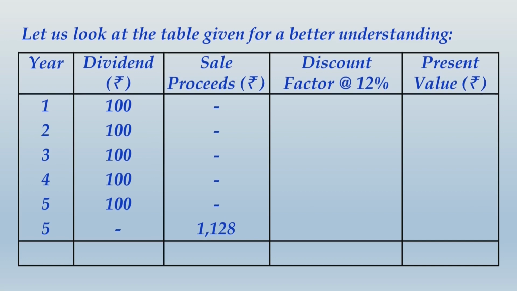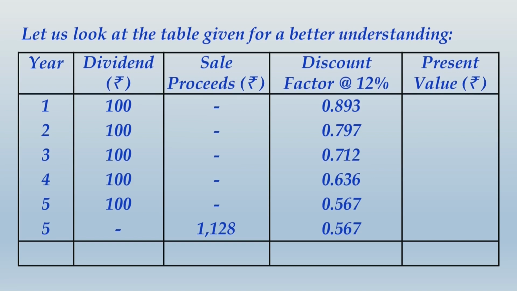So the common sense that I have suggested you to consider for the discount factor, the PV factor should be taken after decimal as many places as the number size. So here we find the dividend as the major component of the cash flow, which is a 3-digit number, and therefore we would prefer applying PV factors at 12% for 5 years by taking just 3 places after decimal.